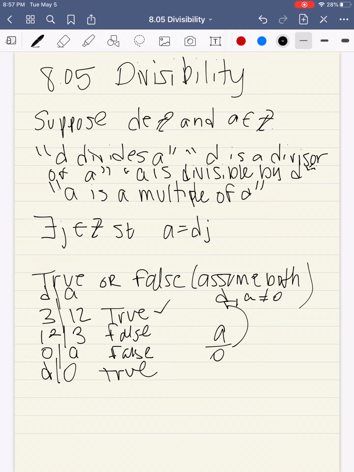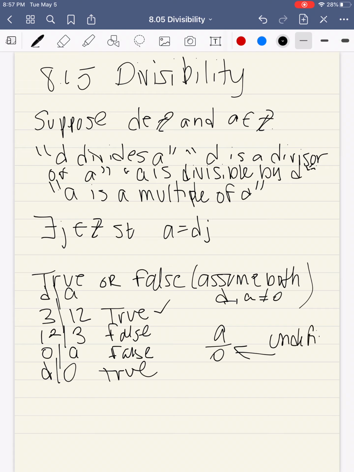Let me go back here. So the previous one, the issue is not that we assumed d and a to not be 0. We essentially assumed that d and a could be 0, but specifically d in this place, if it was 0, then we would get undefined.